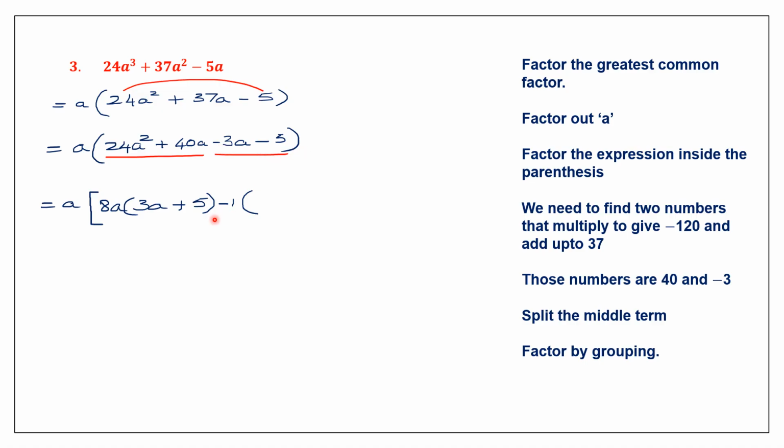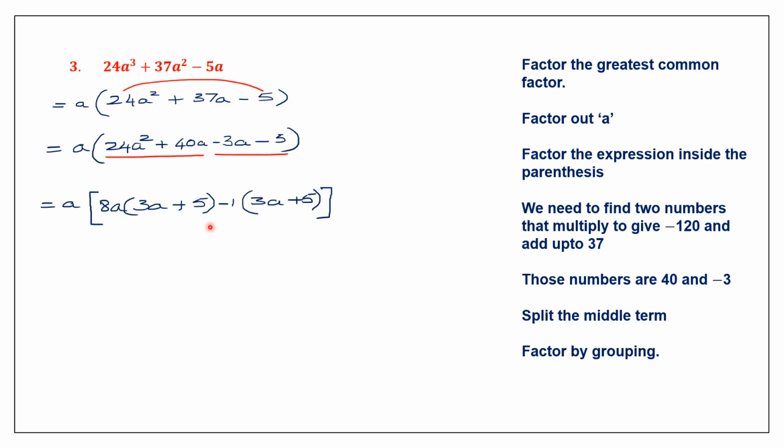So negative 1 into what will give us negative 3a. It should be 3a, isn't it? Negative 1 into 3a will give us negative 3a. Negative 1 now into what will give us negative 5? Negative 1 into plus 5. So here we write plus 5. And we close the brackets.